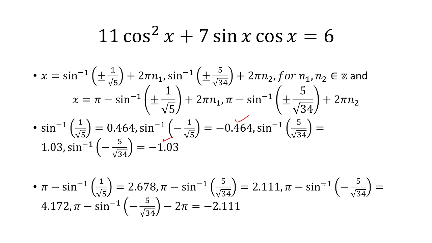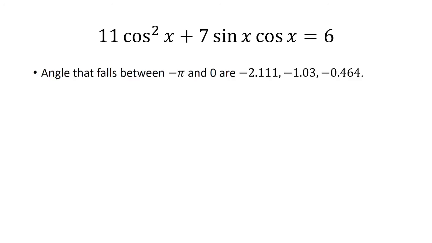Now pi minus inverse sine of negative 5 over root 34. That's 4.172. But if I subtract 2 pi, I am in the interval. So just by looking at these, I only have 3 candidates for x. Those are negative 2.111, negative 1.03, and negative 0.464.